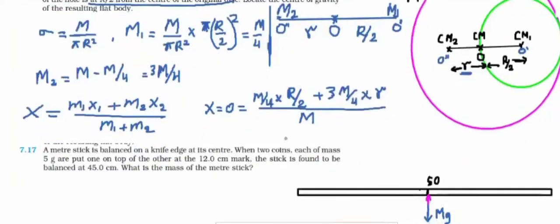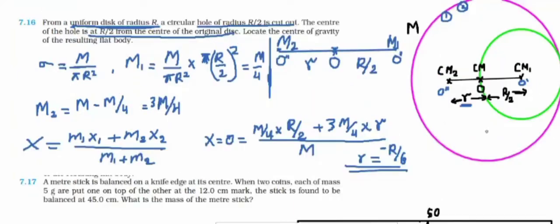Now equal to 0. All common factors M will be cancelled. You can simplify like that. Finally, when you simplify this equation, you will get r is equal to minus r by 6.